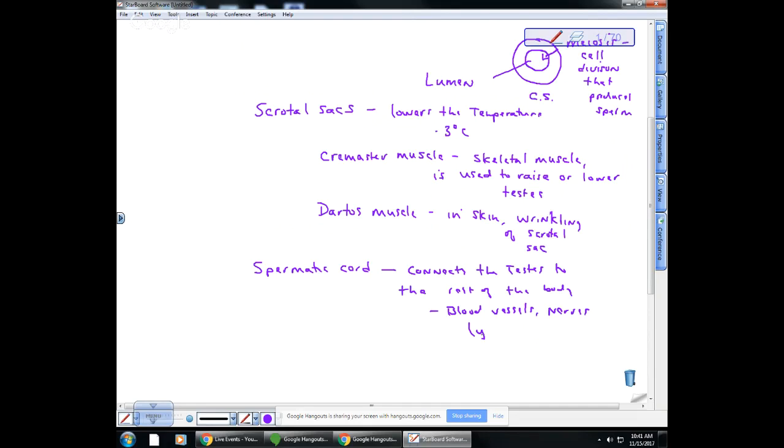Okay, so if we look at a picture of this, this is the outside of the scrotal sac, so they removed the scrotal sac here. These are the seminiferous tubules inside of the testes, and this would be the spermatic cord up here. The spermatic cord has blood vessels and nerves, and there's actually a set of blood vessels in the spermatic cord that also act to regulate the temperature.